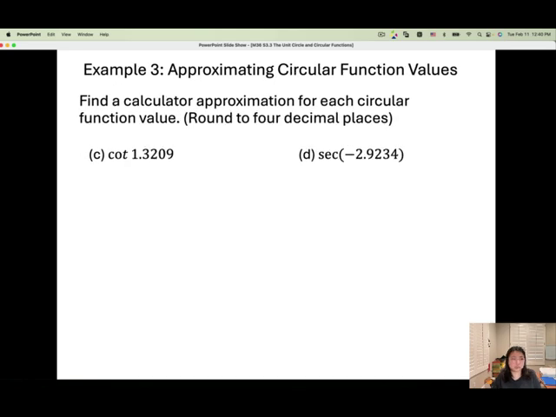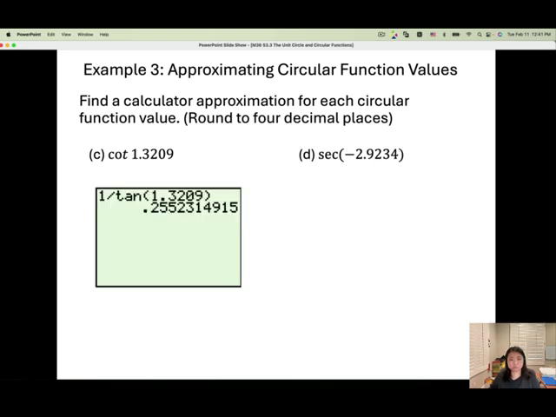Okay, try these two examples, cotangent and secant. Check your work. You're going to use 1 over tangent, right? You don't have a cotangent on your calculator. And this one will be 1 over cosine.